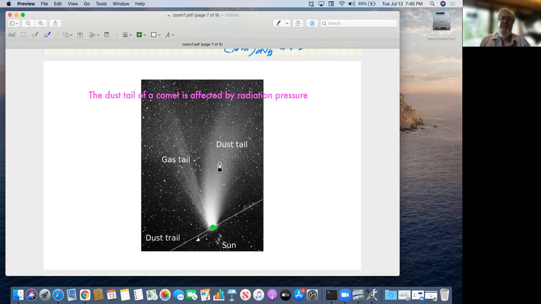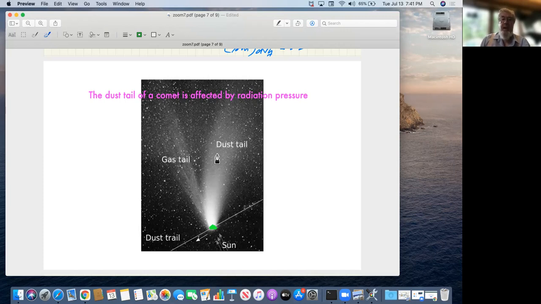And because of the nature of the pressure on little dust particles compared to gas molecules or gas atoms, or probably gas ions, there's a much different nature of the pressure on a charged particle like an ion as opposed to a piece of dust. So you get this separation into two tails.